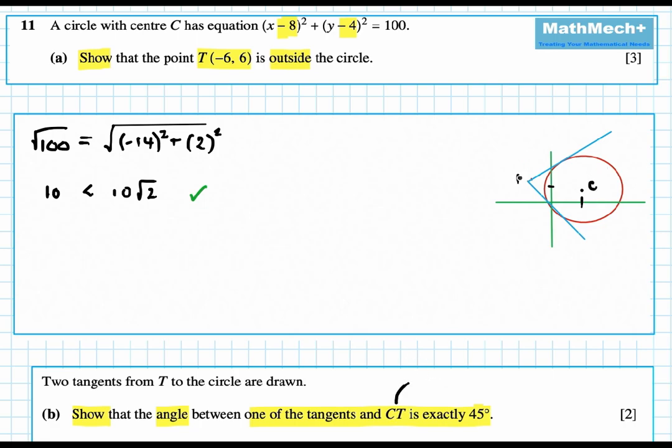So I can just draw that in there if you want to make it clearer. C is our center and T is our tangent. And I do that line there down the center. So you can see it's two triangles.